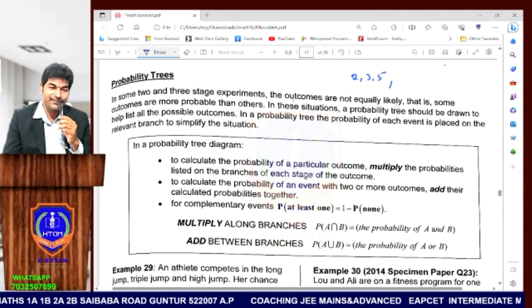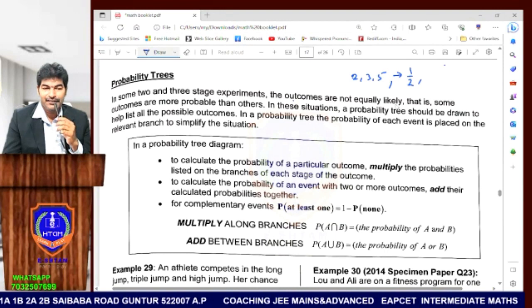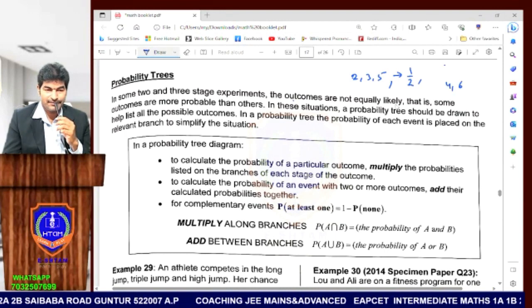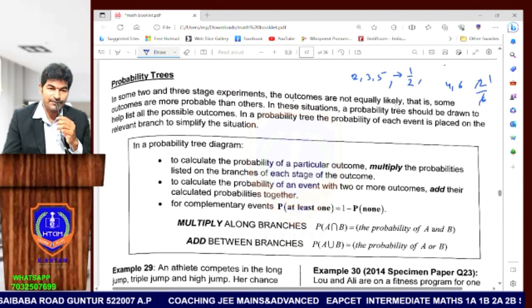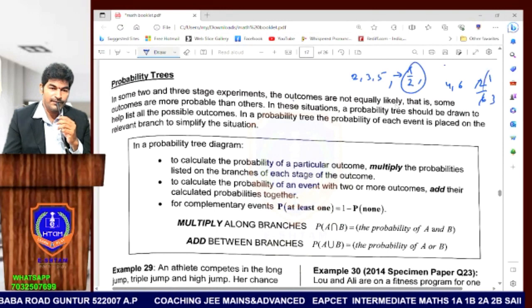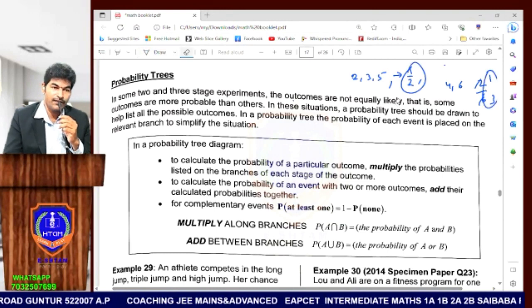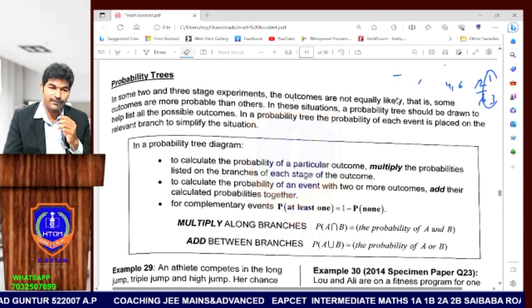So the probability of a prime number was 1 by 2. And for composite numbers, it is 4 and 6, 2 out of 6, that is 1 by 3. Look at the probabilities, they are not equal. This kind of situation we will often face in probability calculations.